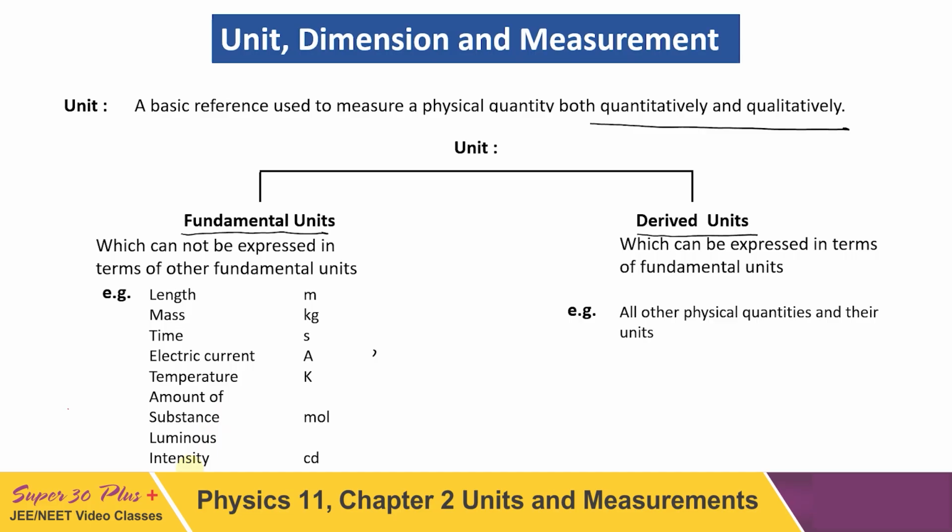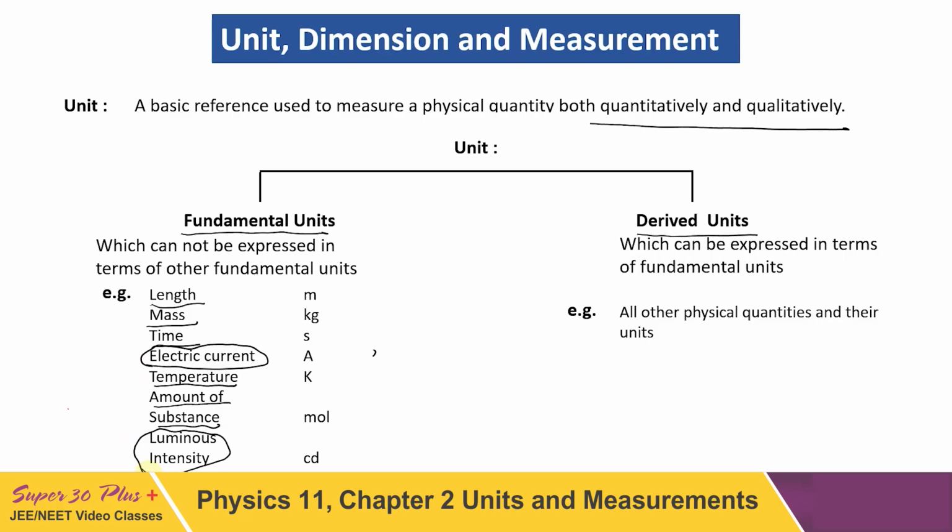Now we can see that length, mass, time, amount of substance, temperature, these are actual 5 fundamental units because other than these 5, one is electric current and one more is luminous intensity. As of now, we know that electric current is not fundamental.